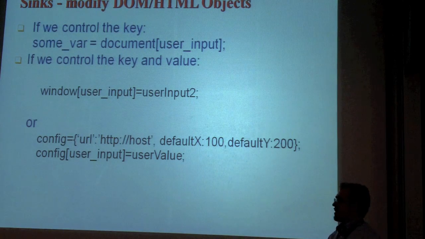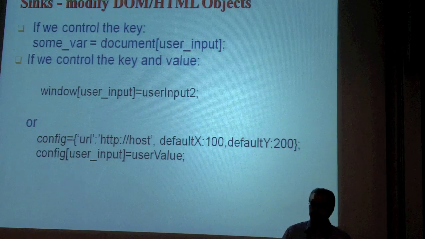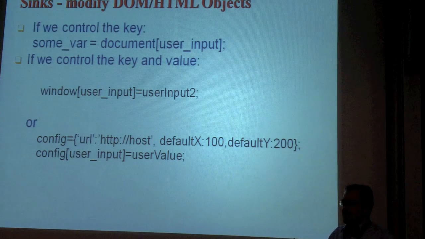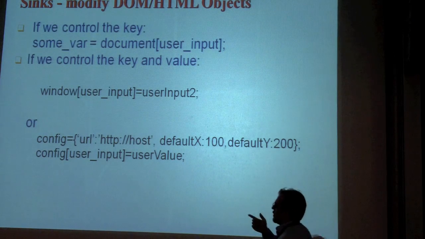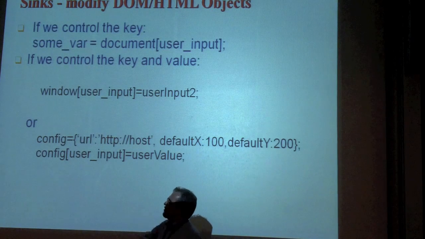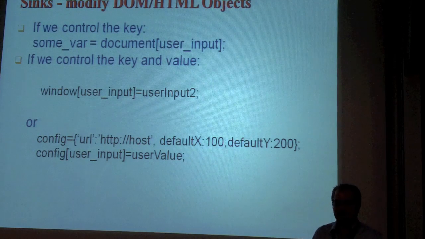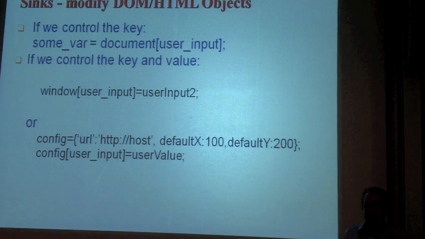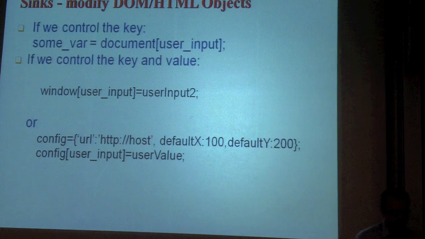The developer was thinking only about default x and default y, and instead it's possible also to modify the URL. This is some sort of security through obscurity. In a lot of cases, the developer will think, okay, but who cares? Probably no one will look into this code.